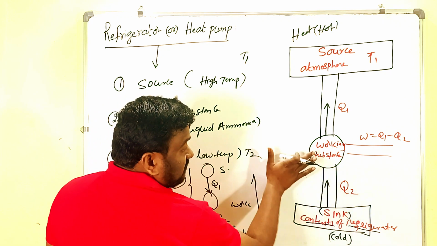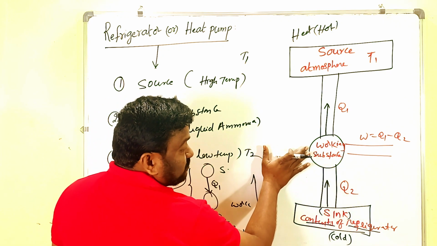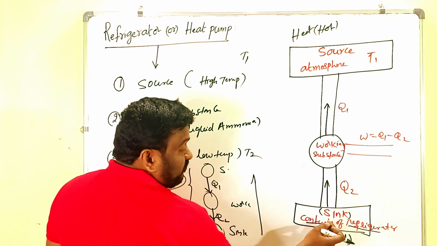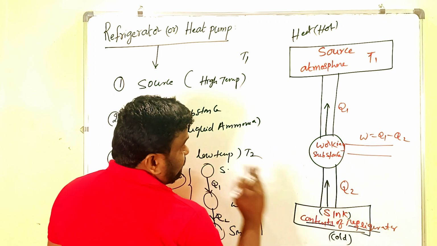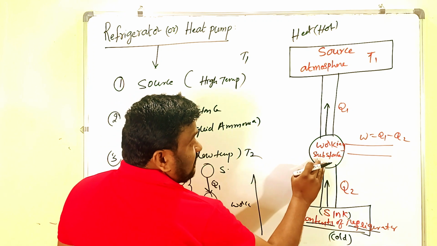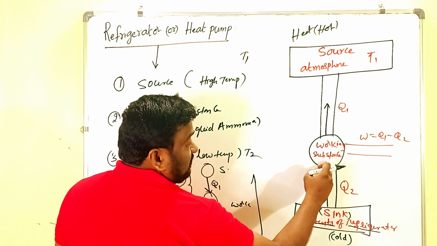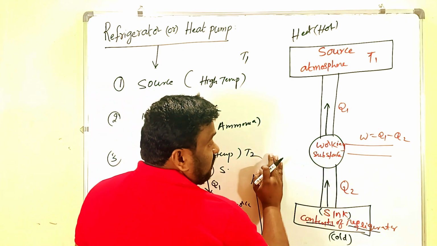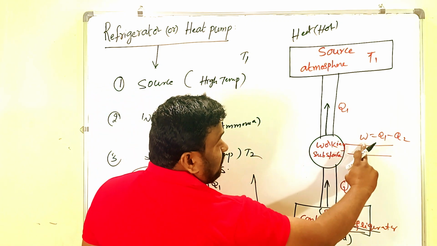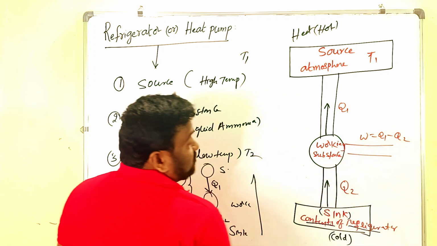That means the working substance collects the heat from the sink, which is already at low temperature. The working substance, as I told you, is liquid ammonia. On that some work is done, given by W is equal to Q1 minus Q2.